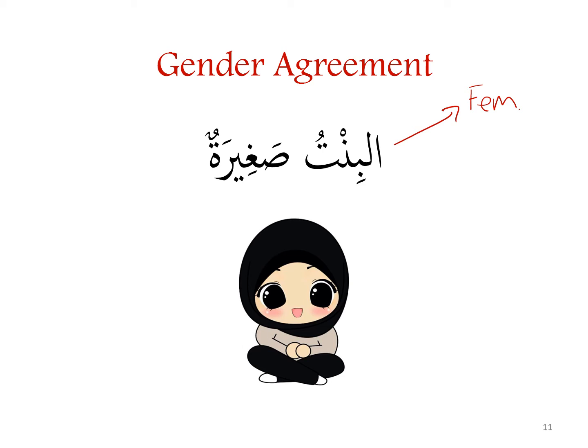We're going to describe it with the word saghiratun, meaning small, so we need to use the feminine version of that sifa. Saghir or saghira means small, and the word small has two forms or two ways of being written.